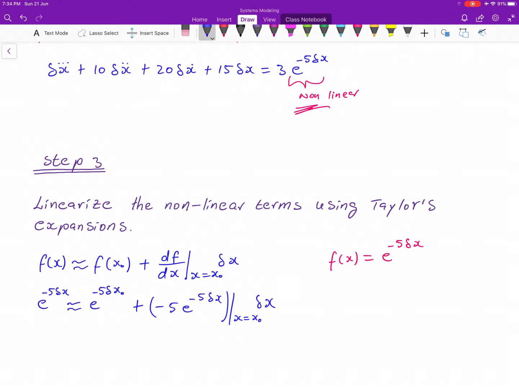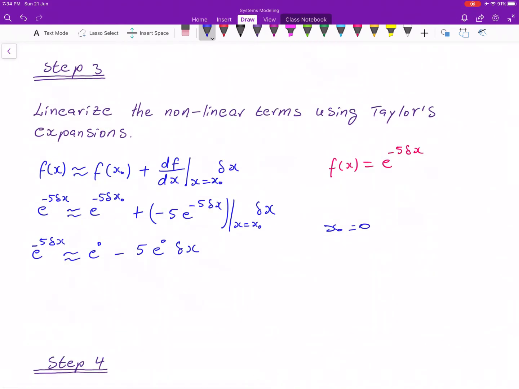And if we do that, we will have e to the minus 5 delta x is approximately, evaluating with x naught equal to 0, e to the 0 there, minus 5 e to the 0 again, times delta x.